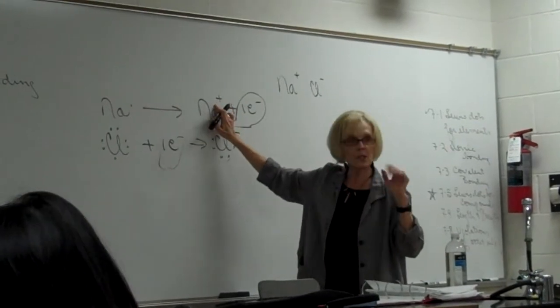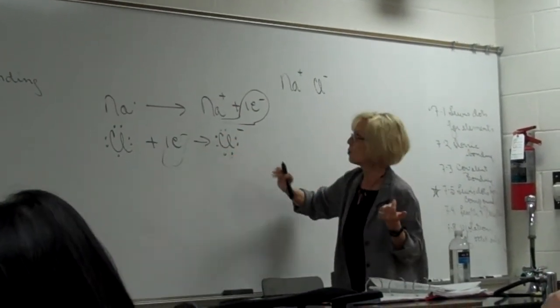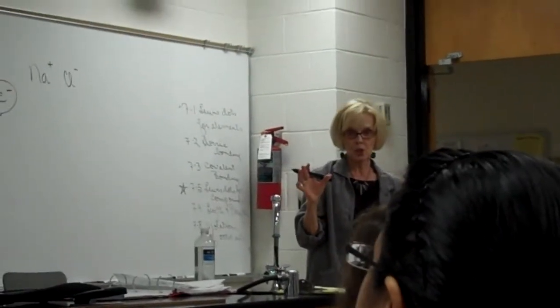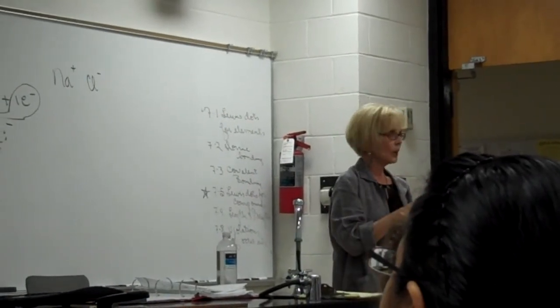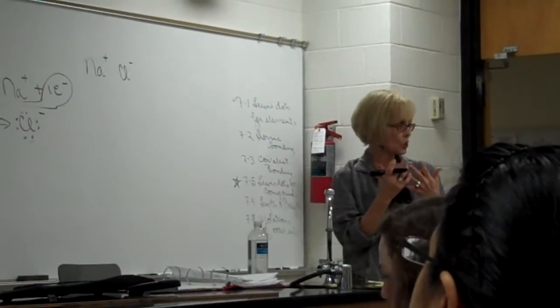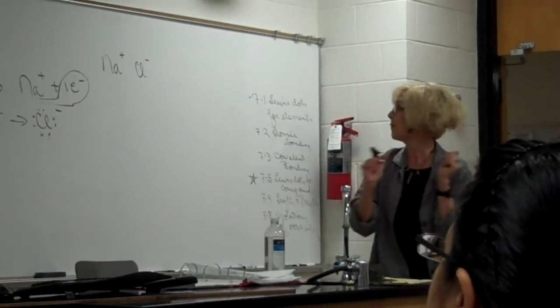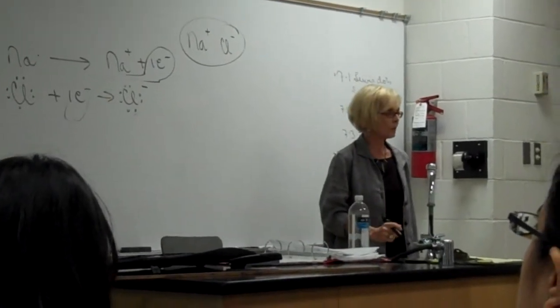So this guy loses and becomes +1. This guy gains and becomes -1. They're going to be hugely attracted to each other because opposite charges attract. And of course, more charge, more attraction. If they had been +2 and -2, even stronger. But we have the perfect marriage, and we just made sodium chloride.